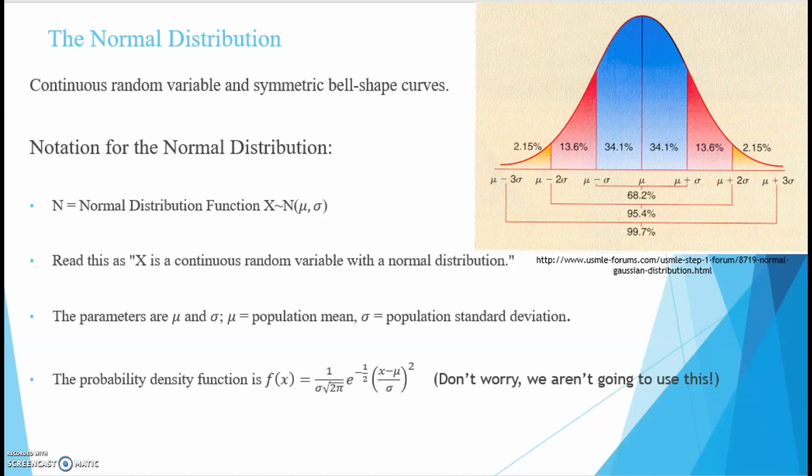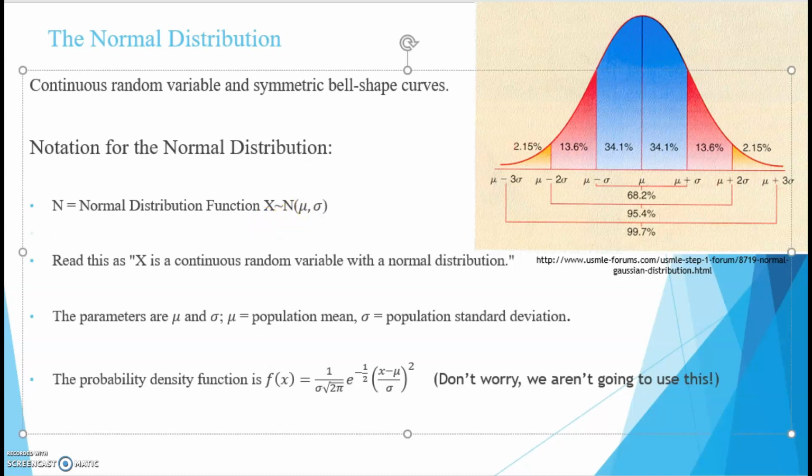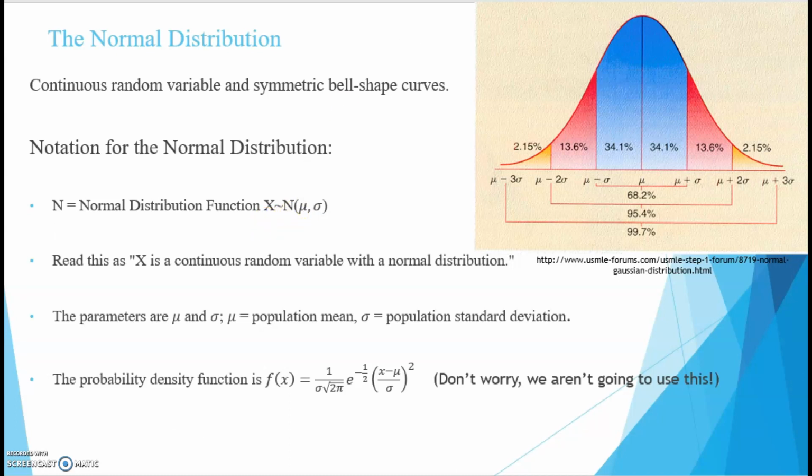Now the shorthand for writing a normal distribution function is right here. So x is approximately normal, and you've got two parameters. The first one is mu.